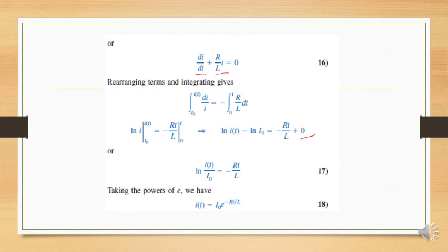Ln of i(t) over I naught is equal to minus Rt over L. Again, we are going to remove the ln with the help of the exponential, and our final equation is i of t is equal to I naught e raised to power minus Rt by L. Right? Now, what is I naught? I naught is the initial state. At i of 0, what we get is I naught.